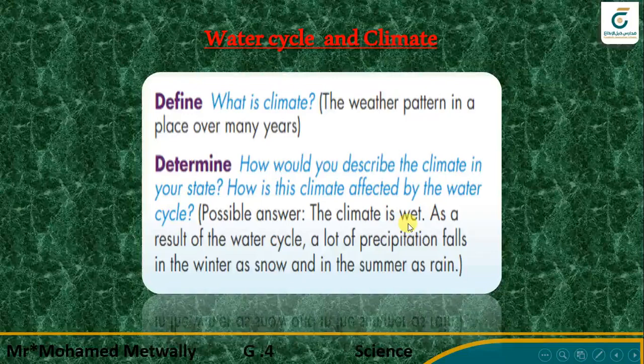You can describe the climate of your state by saying wet. As a result of the water cycle, a lot of precipitation falls in the winter as snow and in the summer as rain.